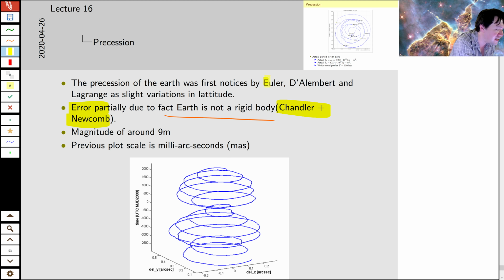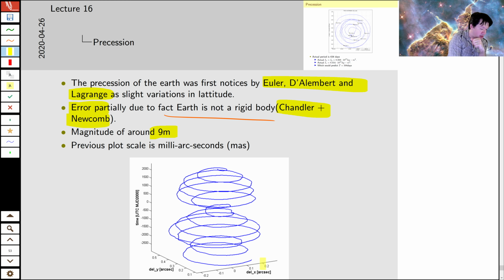This was noticed a long time ago, of course. Euler and Lagrange. I don't know if Euler and Lagrange and D'Alembert would have calculated it analytically, but I believe that it was originally noticed back in those days, like early 1800s. The magnitude of the rotation is not great. It's about 9 meters, but we can still measure it.